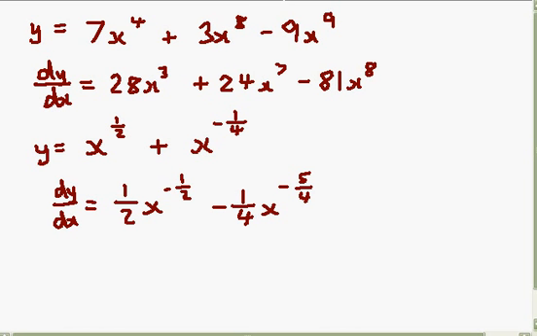Obviously we can make this a little bit more tricky by first of all writing the question in this format. So square root of x plus 1 over x. In this type of situation you must write each of these x's as x to the power of something.